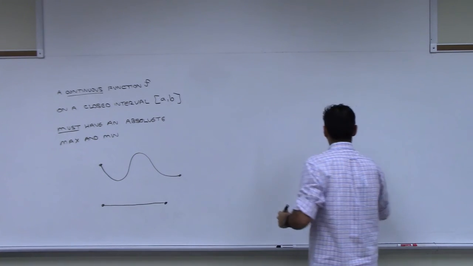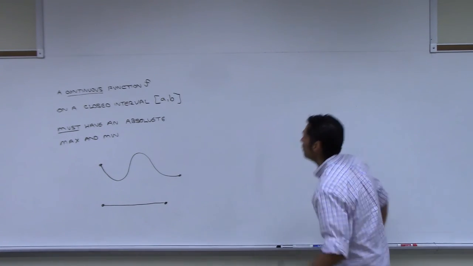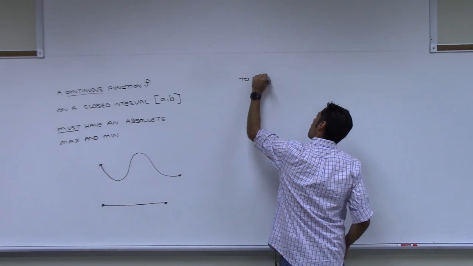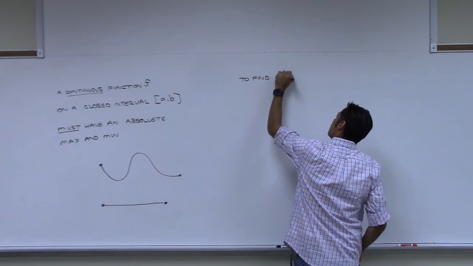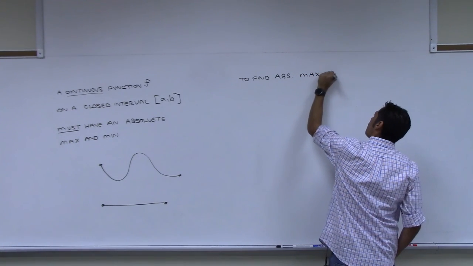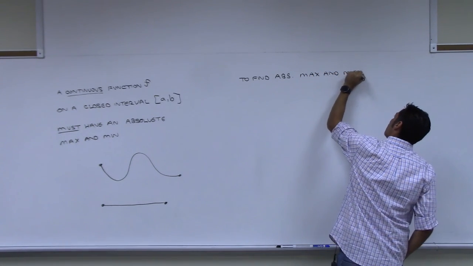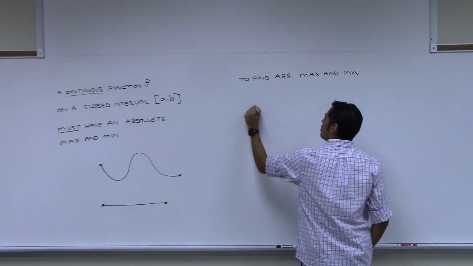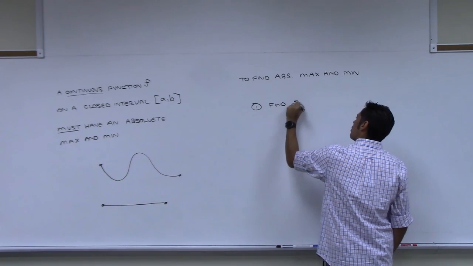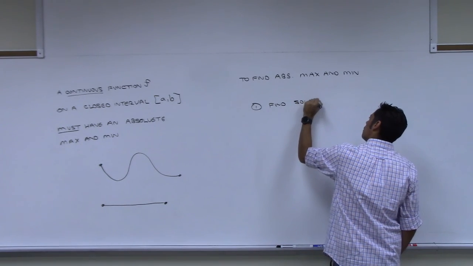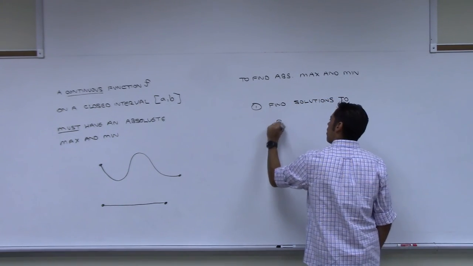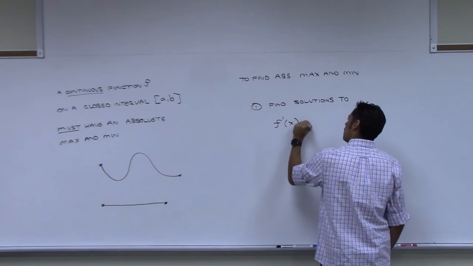Here's how to find them. To find absolute max and min, here's what we do. First, we find the solutions to f prime of x equals 0.